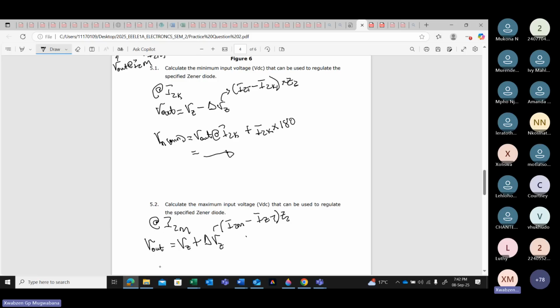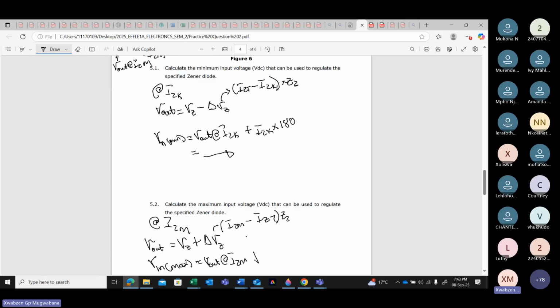Once I find this one, it wants the maximum input, which means for the maximum input I need to say V input. But it's happening during the maximum. So it is going to be my V out at IZM. I have calculated V out; this is V out at IZM.